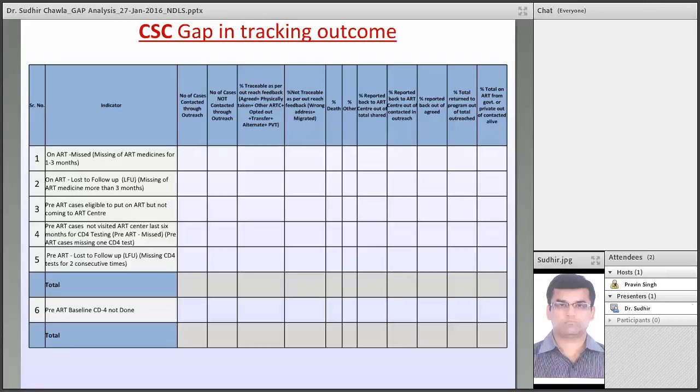If this percentage is much higher than those who returned to the program, which we discussed in the previous column, and there is a gap between the two, it means people are not ready to come back to the government facility and are going to private. Then we have to look into the details of why this is happening, why people are going to private, and what the reasons are for not coming back to us. Accordingly, we can take steps to improve this opt-out figure.